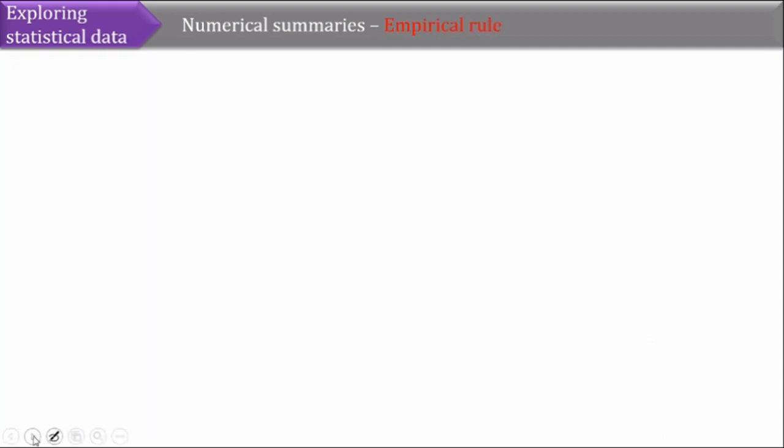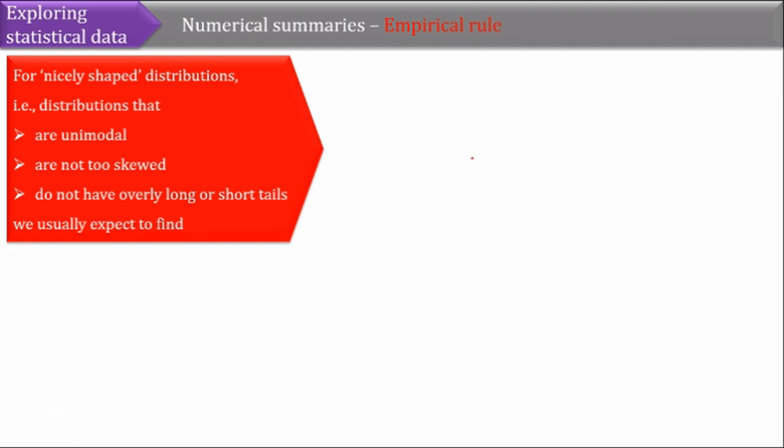Right, now lastly, I want to look at the empirical rule. And the empirical rule is really important, and it's very easy as well. But we do need to recall some things that we discussed in previous sections. Now what it says is that for nicely shaped distributions, what do we mean by nicely shaped? Well, first of all, the data must be unimodal.